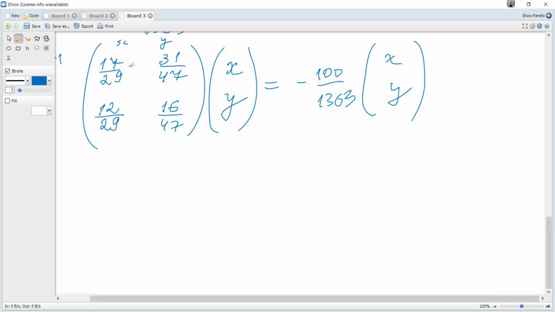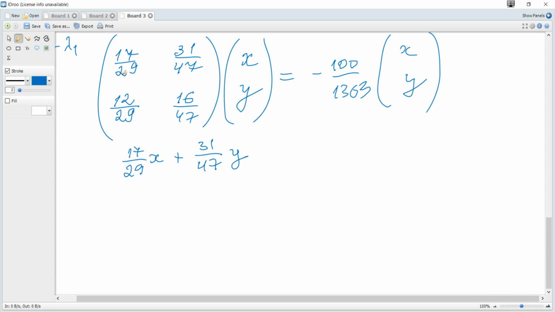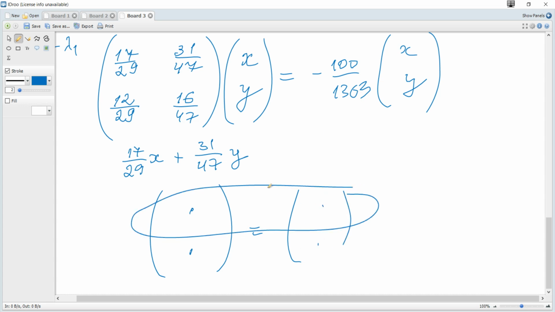It becomes 17 over 29x plus 31 over 47y, and when you multiply a 2 by 2 matrix by a 2 by 1 matrix, you get a 2 by 1 matrix equal to this value xy, and then we equate rows.